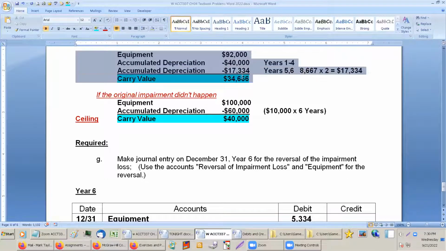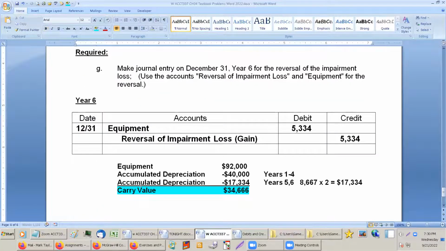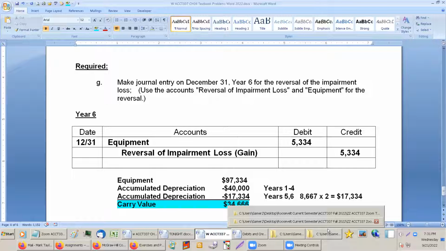Okay, let me see if I can do this without screwing it up. Plus 5,334. That should equal 40,000.